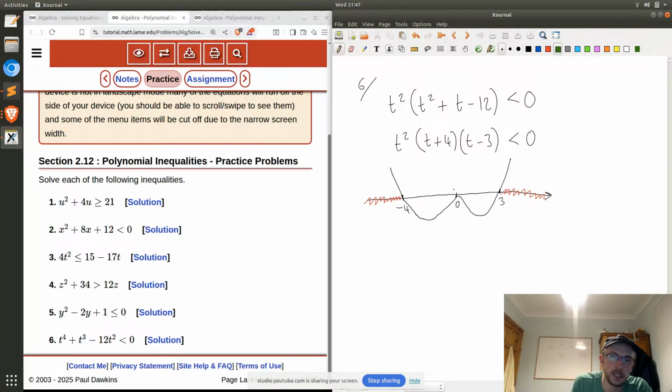Okay, so just put in the number 1. 1 squared times 5 times -2. That gives you -10. So this region passes.